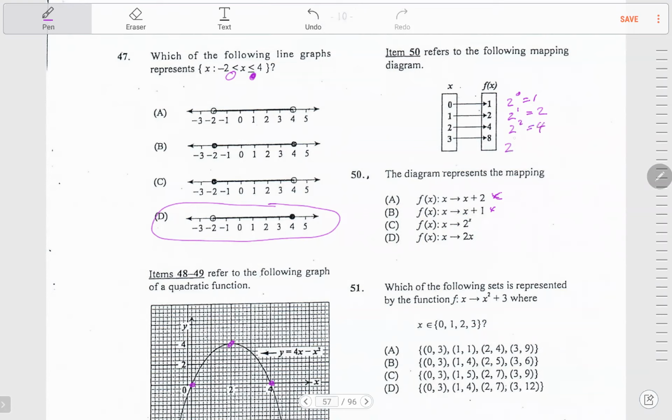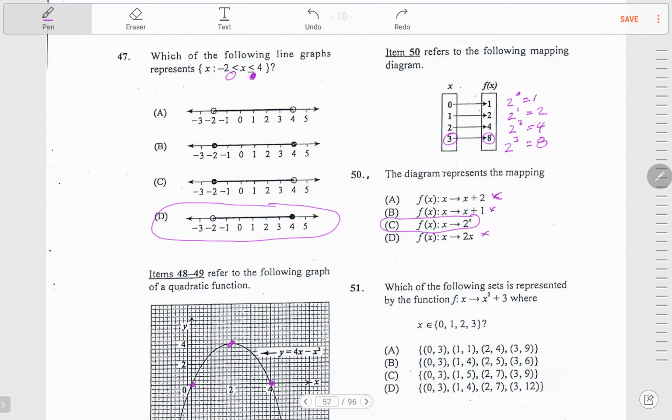And then 2 cubed is 8. So the answer is this one. This one couldn't work because 2 times 3 is 6, not 8. So for questions like this, you just use elimination. All right, so the answer to that one is C.